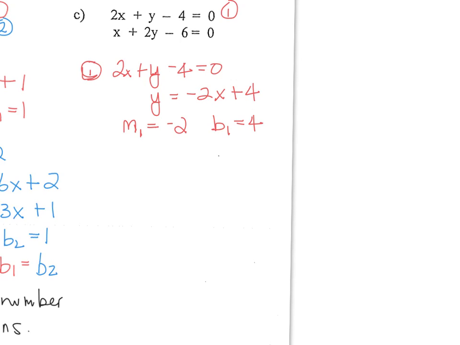Okay, going on to 2, we have that x plus 2y minus 6 is equal to 0. I'll take this one a couple of steps. So 2y is equal to negative x plus 6.